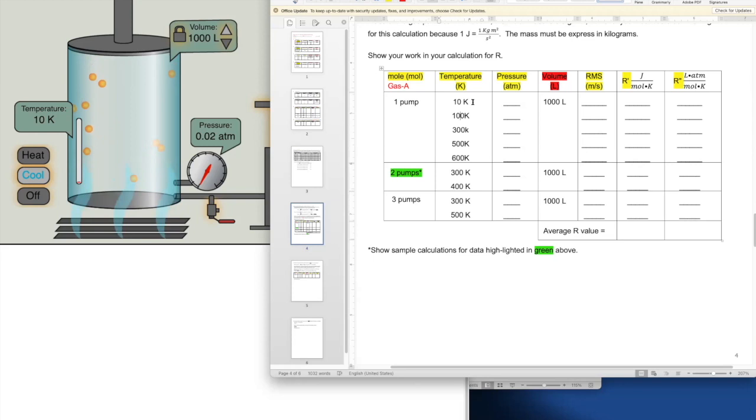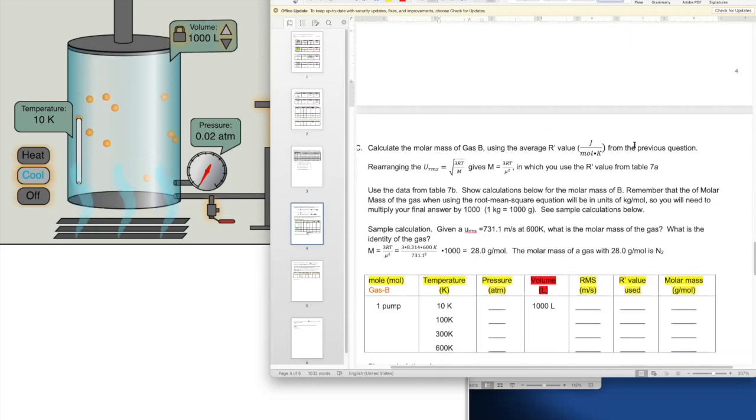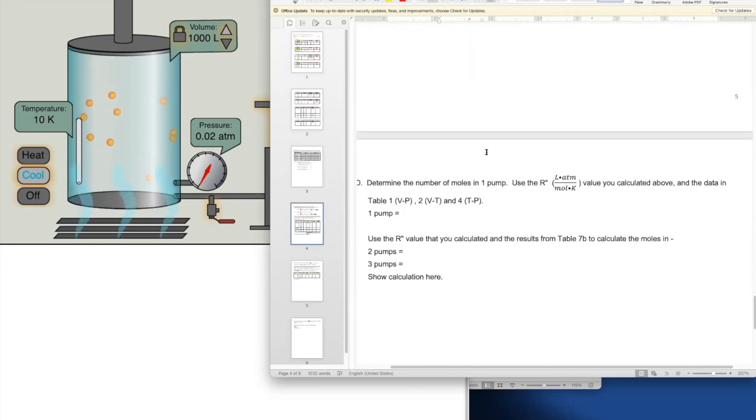For one of these data points, or in fact you can do the average, you've got a series of pressures, the volumes are all constant, and R should be constant as well. Then you can figure out an average moles for the one pump, because I haven't told you that.